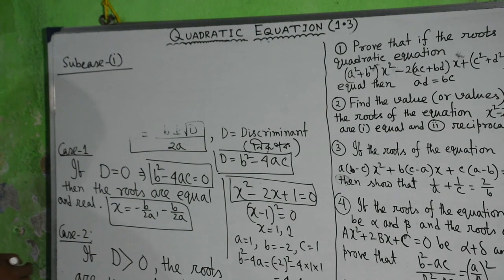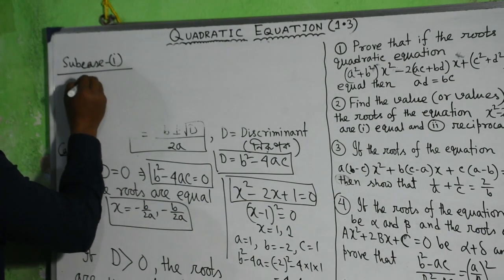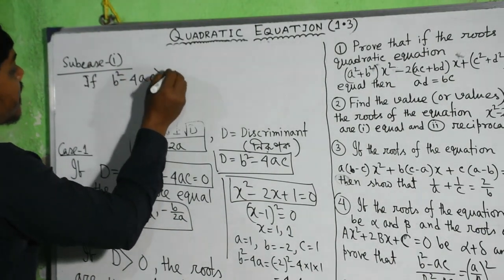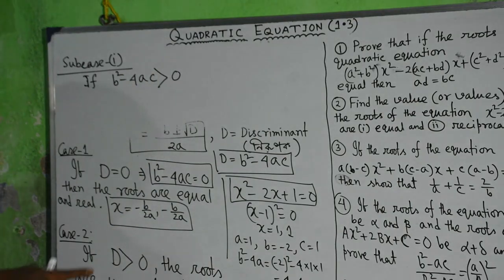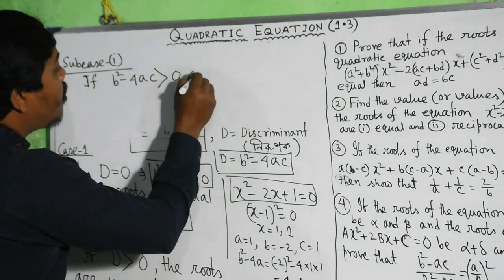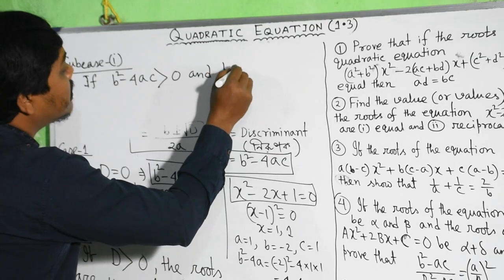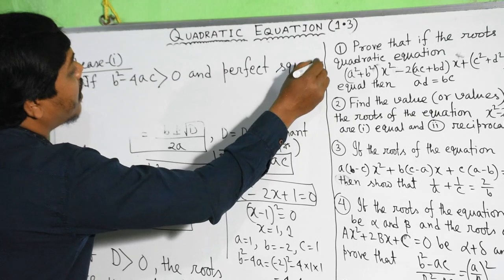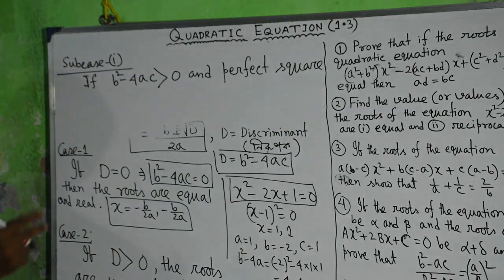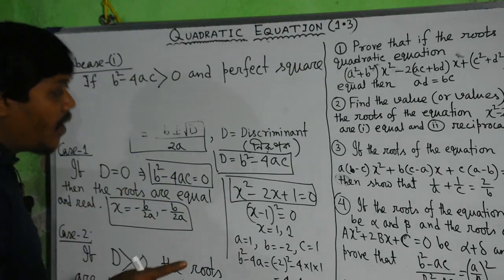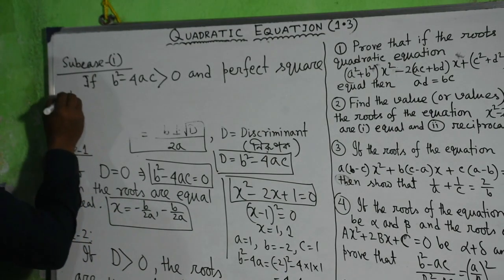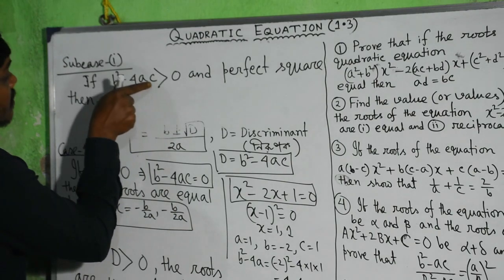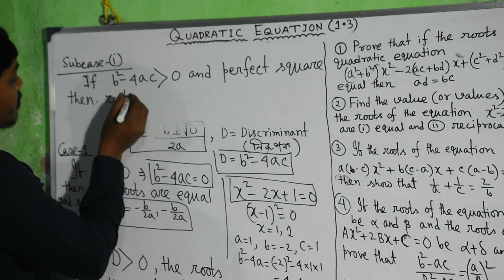If b square minus 4ac is of course greater than 0, keep it in your mind, and also a perfect square, then the roots are of course real, because greater than 0 means the roots are real.